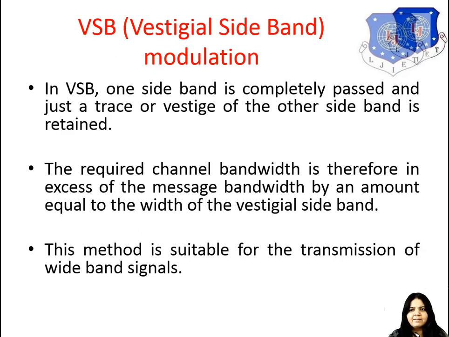As we know, the LSB and USB contain the same information. So we can transmit either one of the sidebands and take a small part of the other sideband, so that it is known as the vestigial sideband.